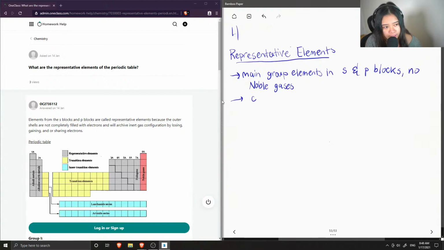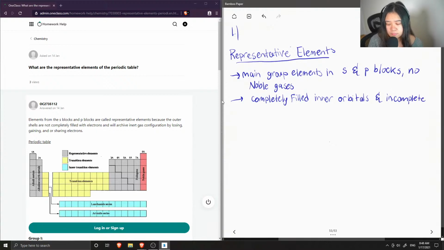These elements have completely filled inner orbitals and incomplete outer orbitals.